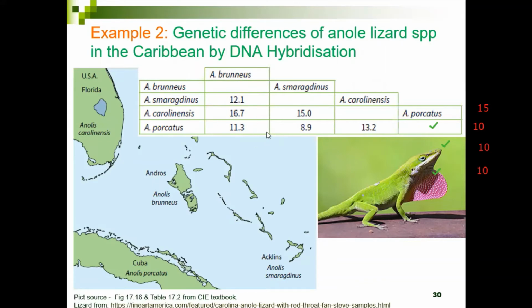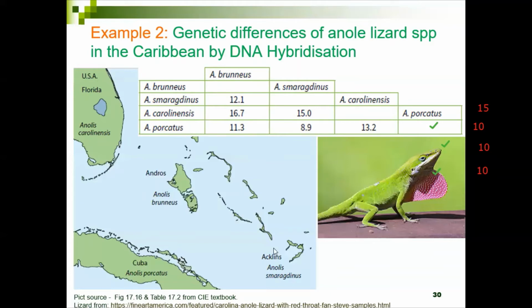That means the differences. Okay, now based on this, something we can see is that all three species we find here are more closely related to A. porcatus. Can you see that? You see all of them have fewer differences with A. porcatus compared to the rest. So they're more closely related to porcatus.